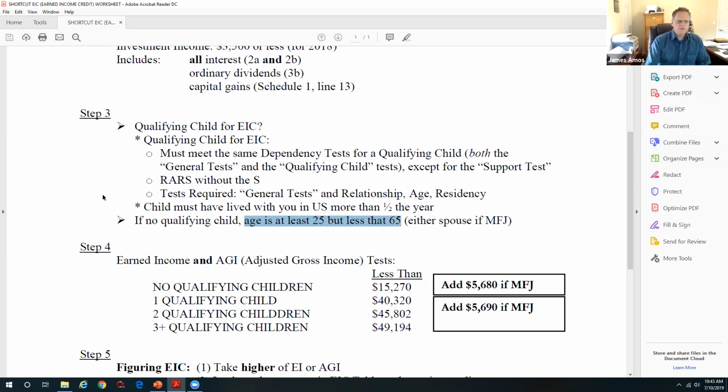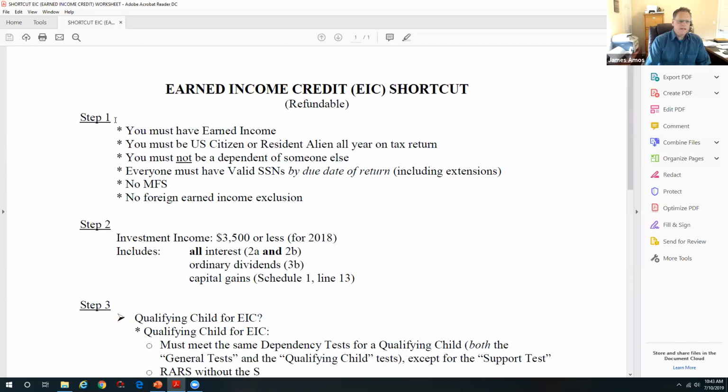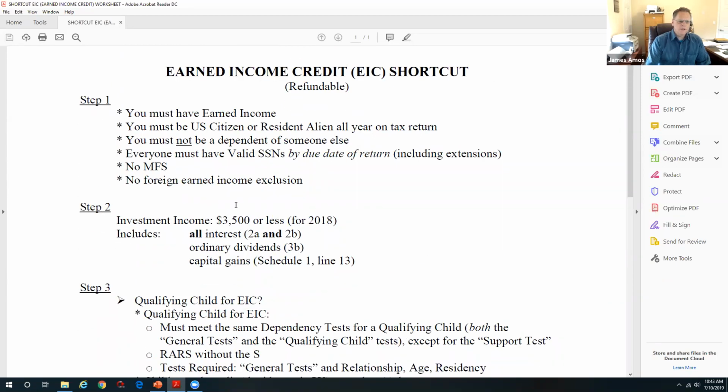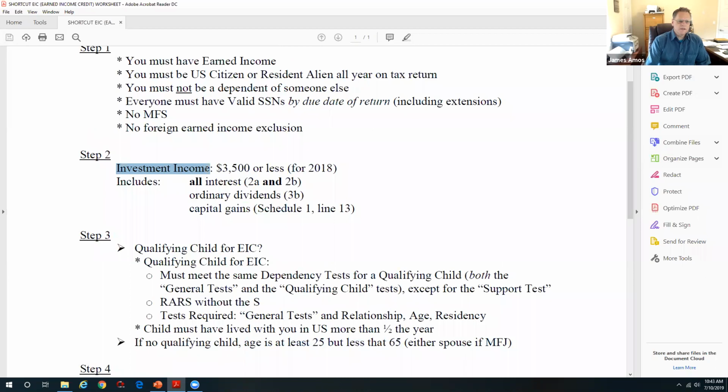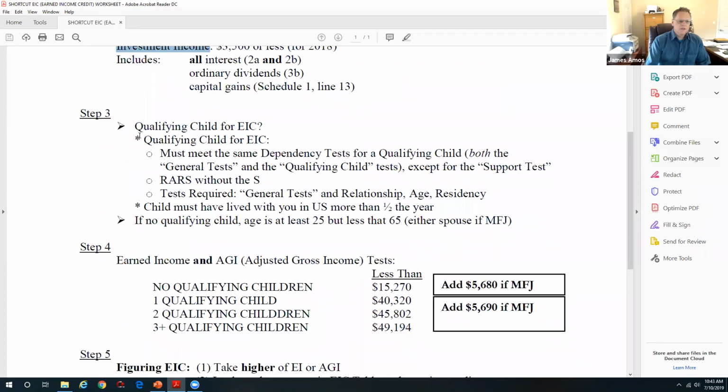You see how all this fits together? So you have to meet all the requirements in step 1 plus the investment income limits in step 2. Then you have either a qualifying child, or if you don't, you must be between 25 and 65 years old. So before I go on to step 4, any questions about that?